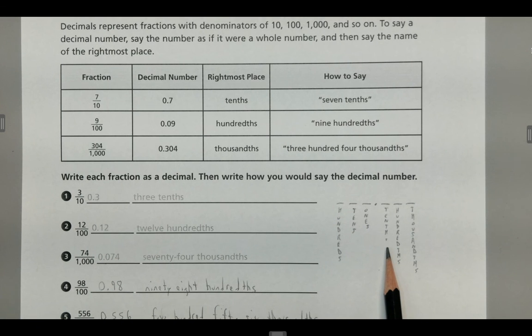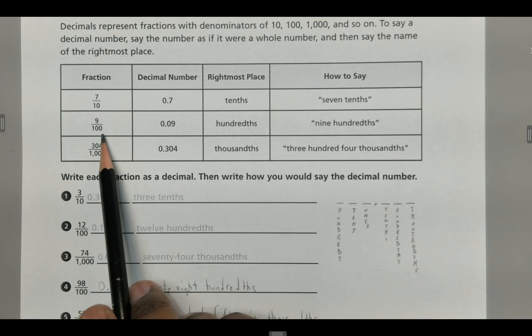We see these in how we express money, prices of items, the price of a gallon of gas, and so on. The world is not just expressed in neat, clean, whole numbers, is it? More often than not, we are going into the space between whole numbers, and decimals are one way, along with fractions, of expressing that space.